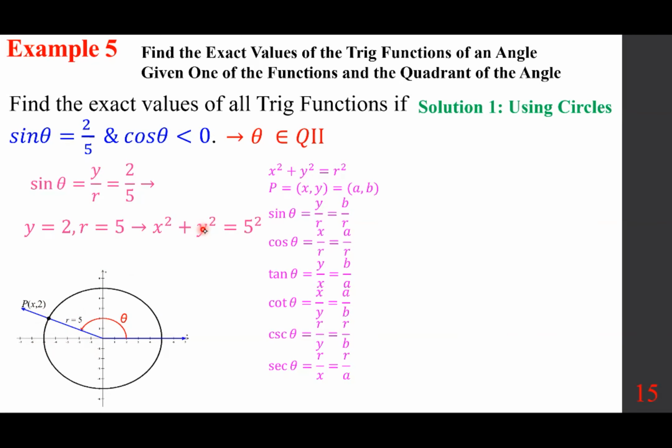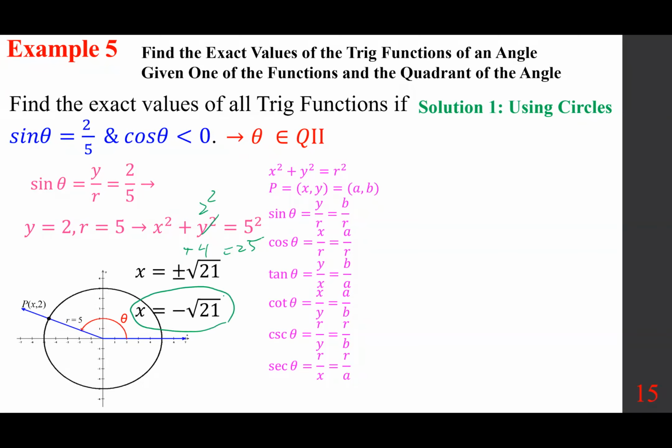So 2 squared is 4. 25 minus 4 is 21. Plus or minus square root of 21. However, we know it's in the second quadrant. We choose the negative one. So we do the choosing according to the quadrant. Practically, we are done. We have x, we have y, we have r. We have all of them. So just plug in.